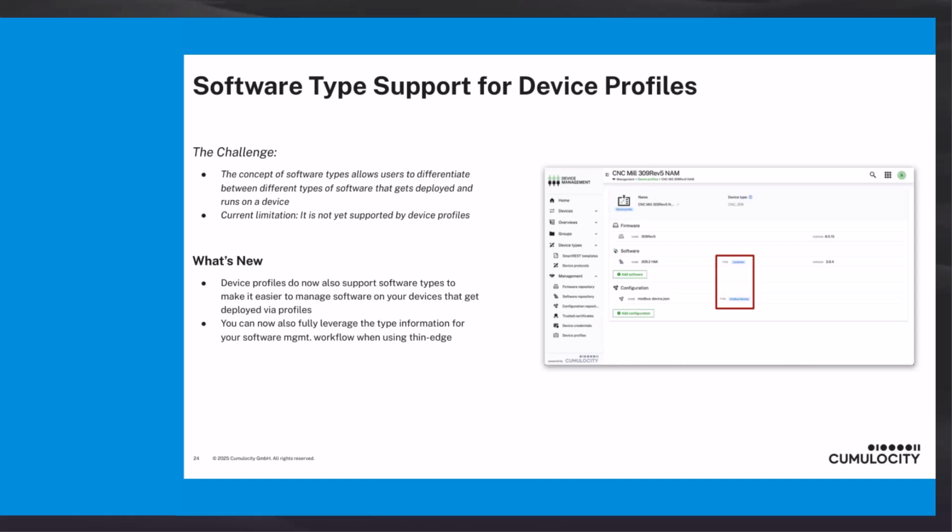You now can also leverage this in the device profiles. The device profiles allow you to collect everything you need to provision your device, be it configuration files, software files, as well as the firmware of the device.